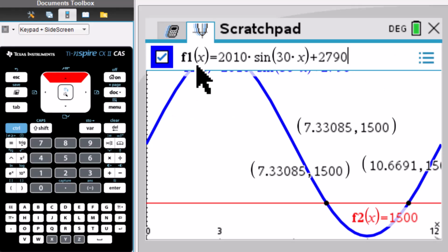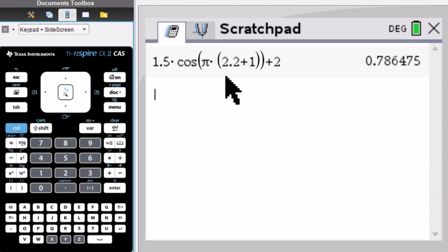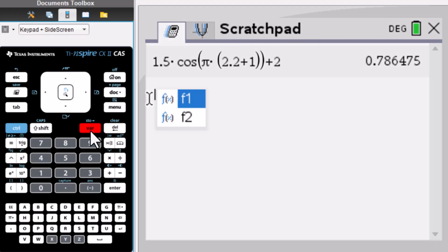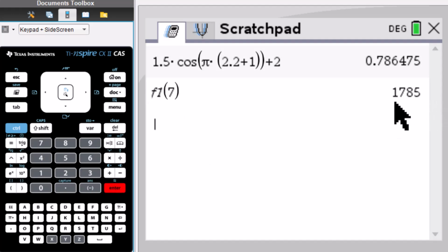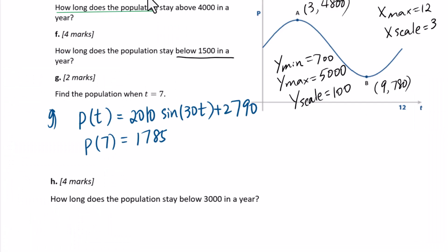We know F1 of X is P of T. Go to calculator on Scratchpad. Click on variable. Enter 7. Enter. 1785 is the solution.